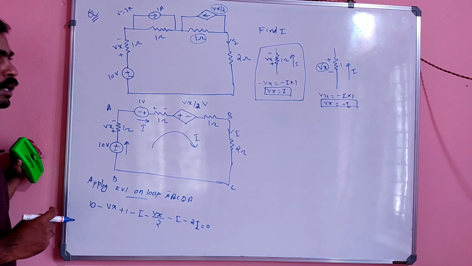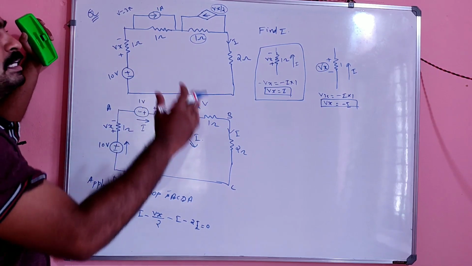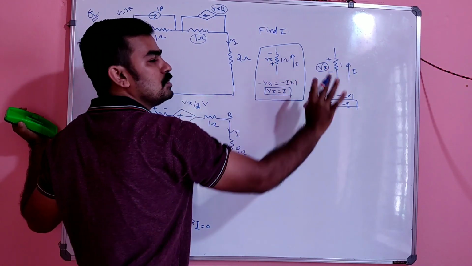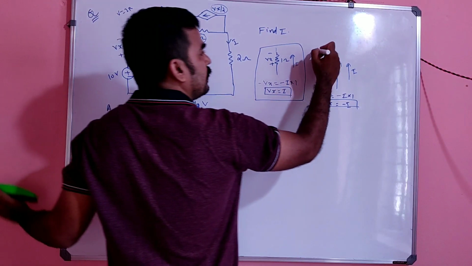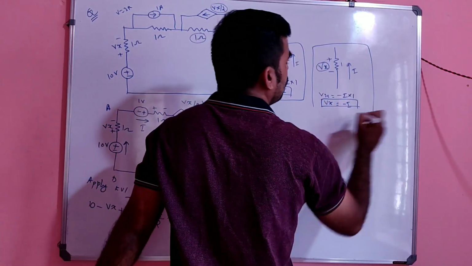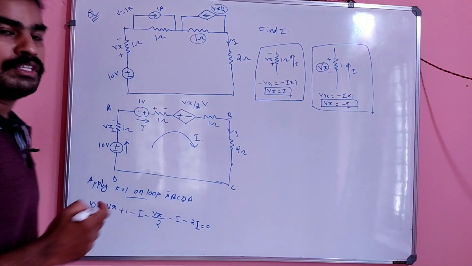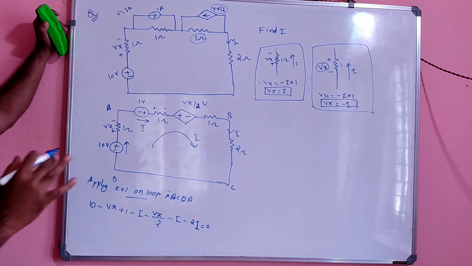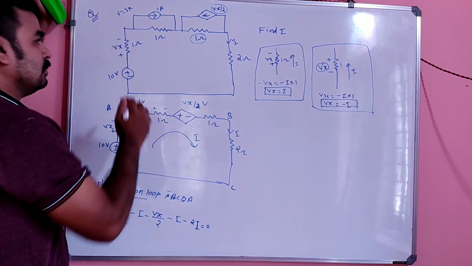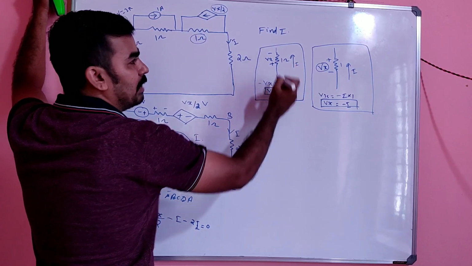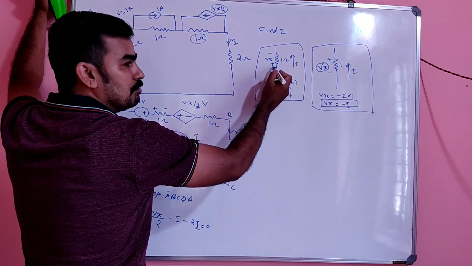Clear? Just the opposite of that will be the other case. So this is another case, and these two cases you have to be clear about because it is very important. This case is Vx equal to I, because I consider the voltage.